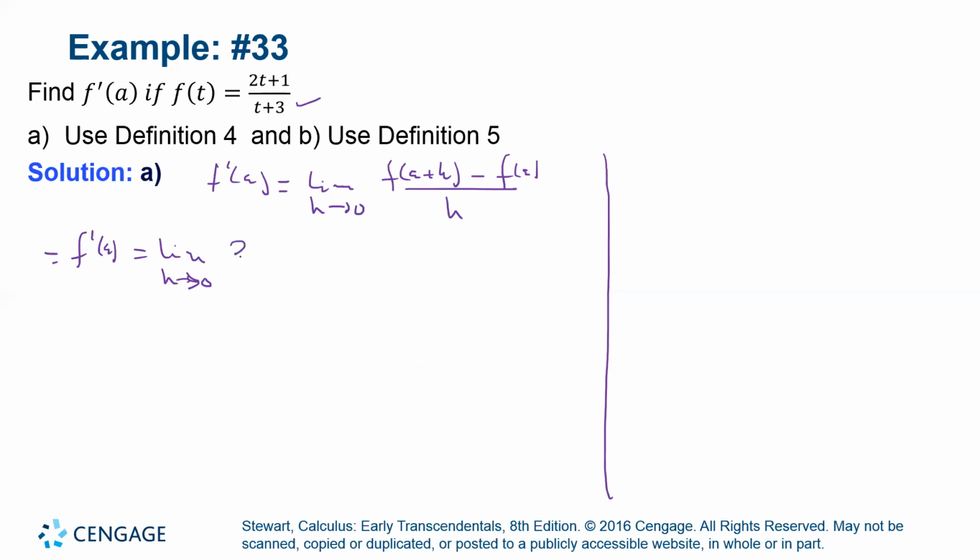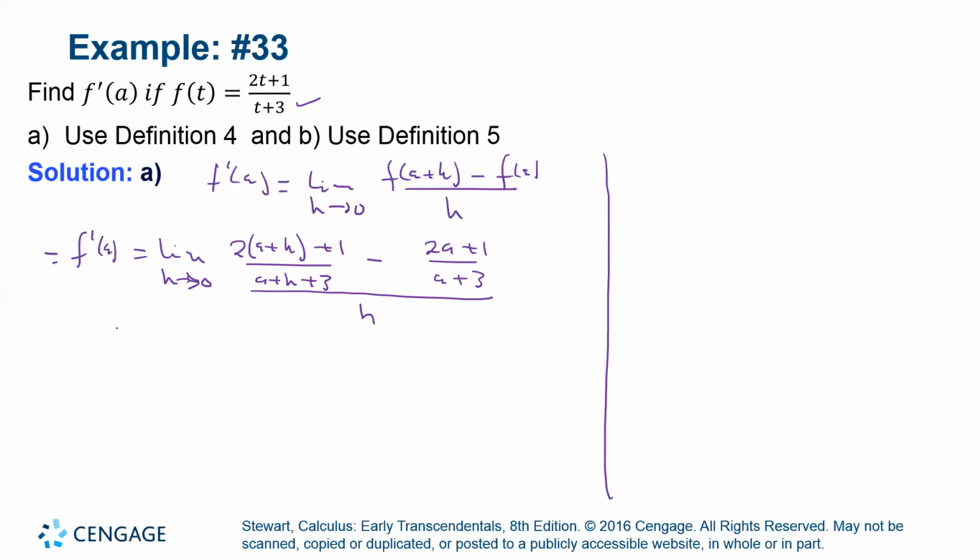That is 2 times a plus h, then plus 1 divided by a plus h plus 3, then minus f of a. f of a, when you substitute a for t, will be 2a plus 1 over a plus 3. Then all this divided by h.